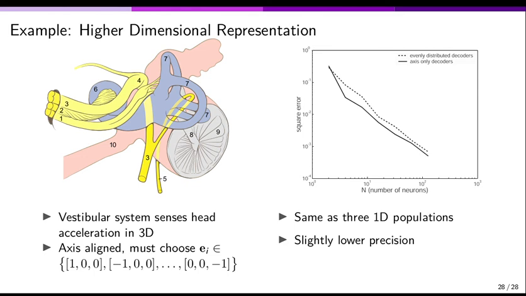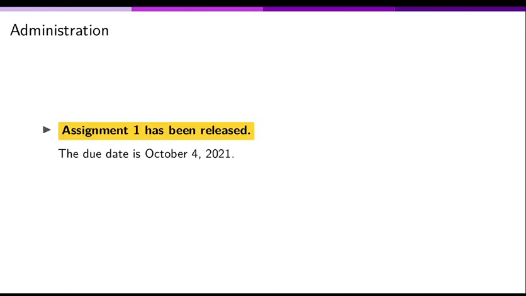Okay, that is lots and lots of stuff. What are we going on about all this for? You now have enough information to do assignment 1. The due date is October 4th. Please work at it. Again, I will reiterate: please discuss the assignment with people in the course and ask questions in the Slack channel.